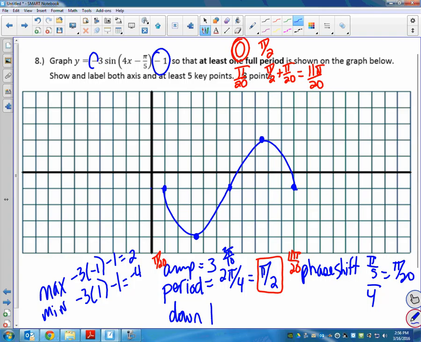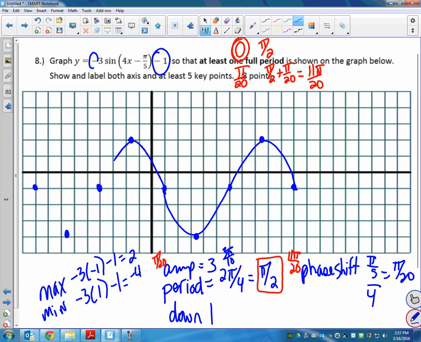So I could go back this way, 1, 2, 3, 4, 5, and that would be my next 0, which is moved down 1. And halfway in between that, because sine is odd, it would be up at 2. And I could go over 5 again, 1, 2, 3, 4, 5, and get another 0. And halfway in between would be my lower value here at -4.